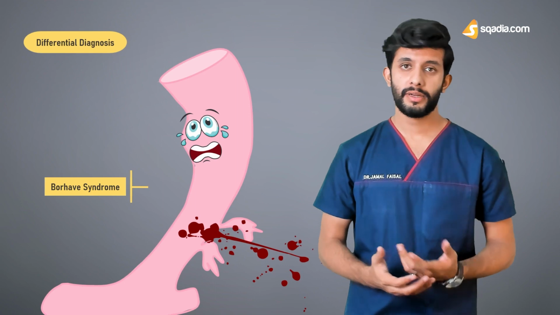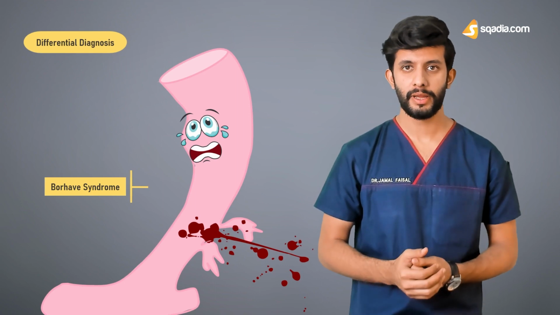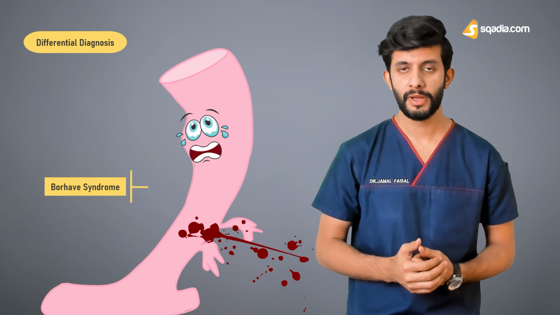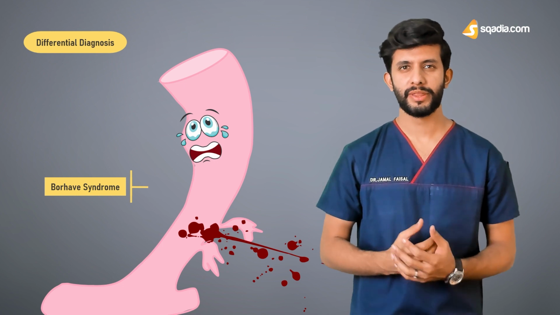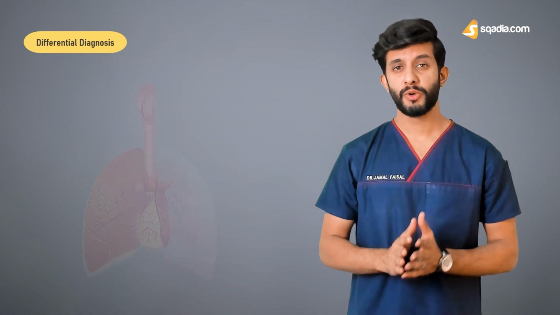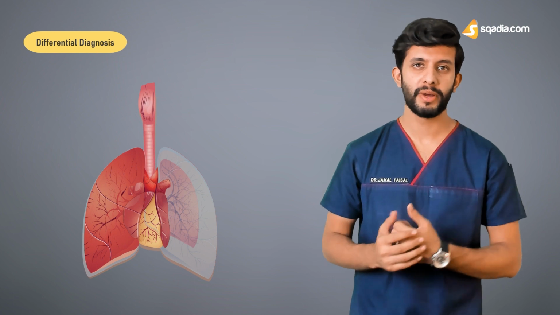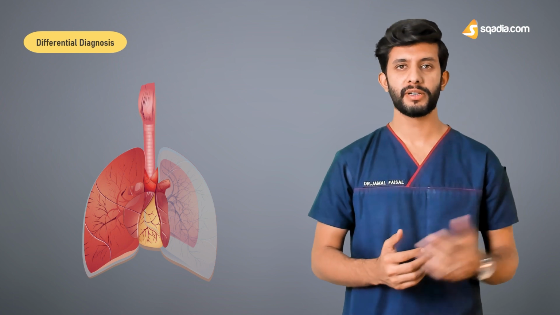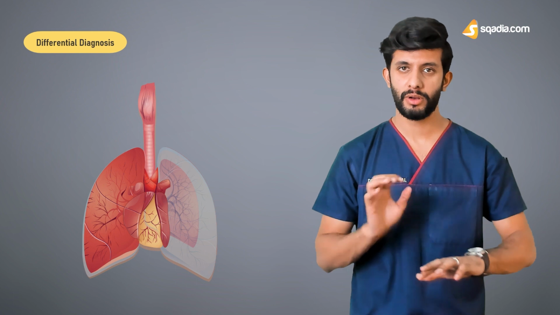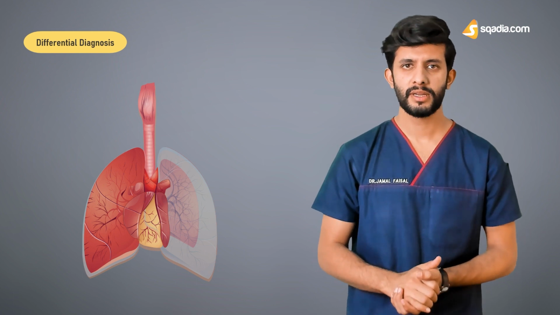So another potential differential diagnosis is esophageal rupture, which could be due to Boerhaave syndrome. That will also present with a substernal sort of chest pain. Spontaneous pneumothorax is also one of the differentials, but that can also be ruled out by the presence of a hyperresonant chest wall on percussion, and obviously through x-rays and other signs.